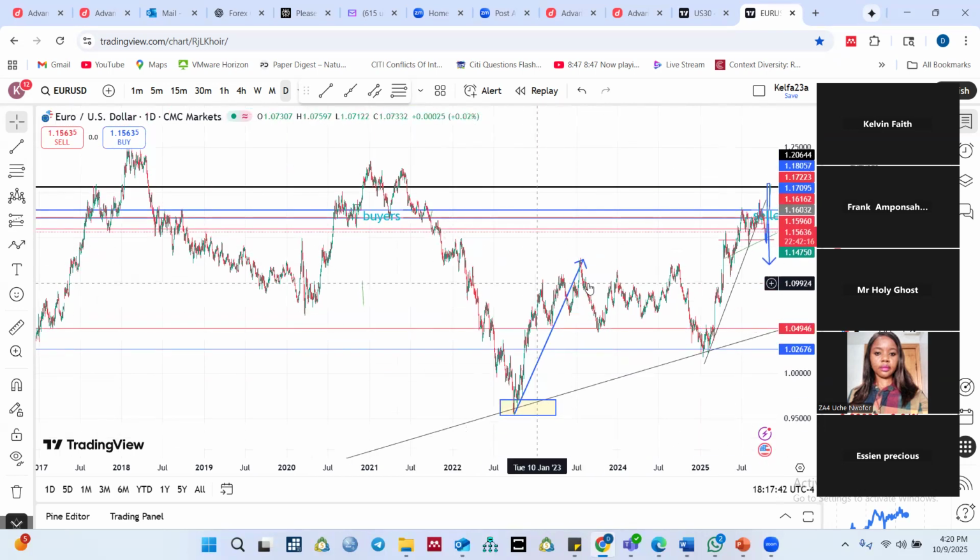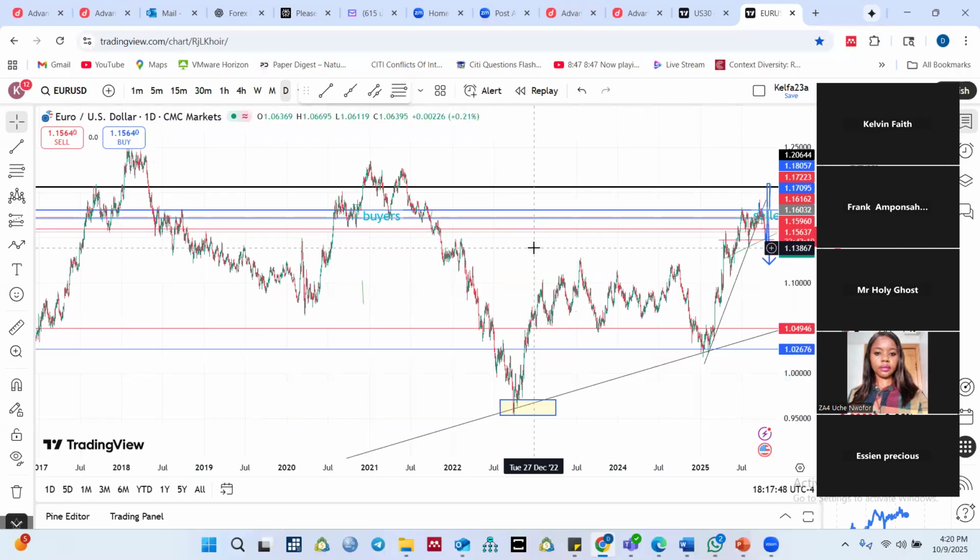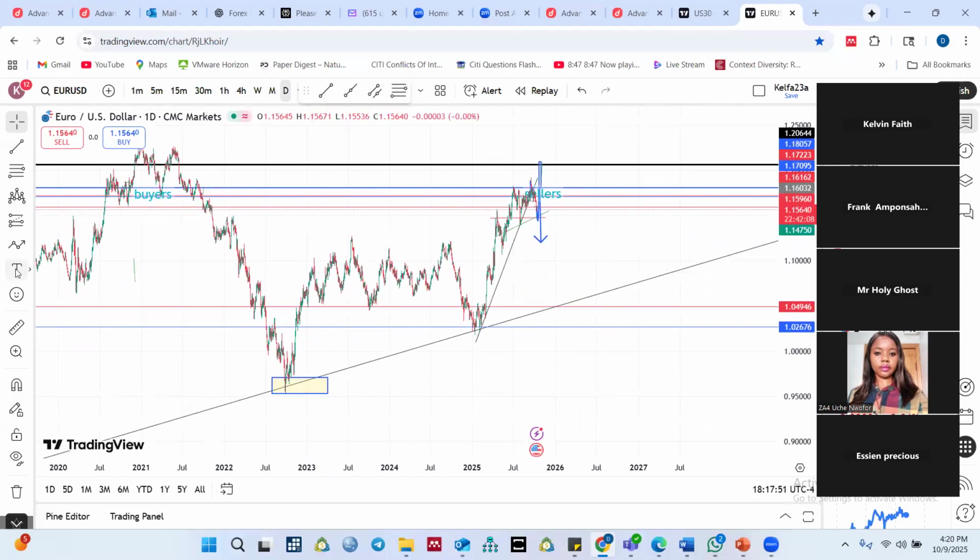When we got this pullback, what do you guys expect after this pullback here? We expect to get a new low so that this bearish downtrend will be valid.